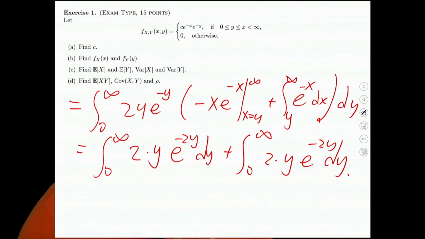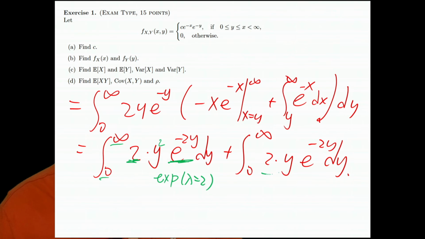Now you are an expert. 0 to infinity and exponential here. So that should have a square. So let's say exponential with lambda equals 2. Here is also exponential with lambda equals 2.